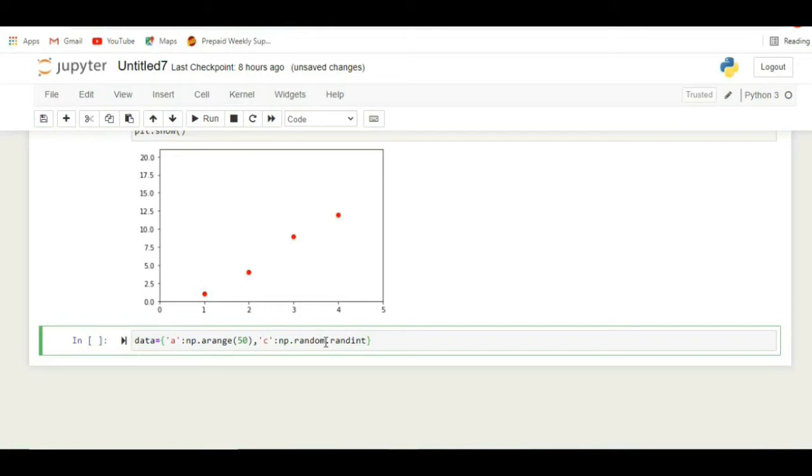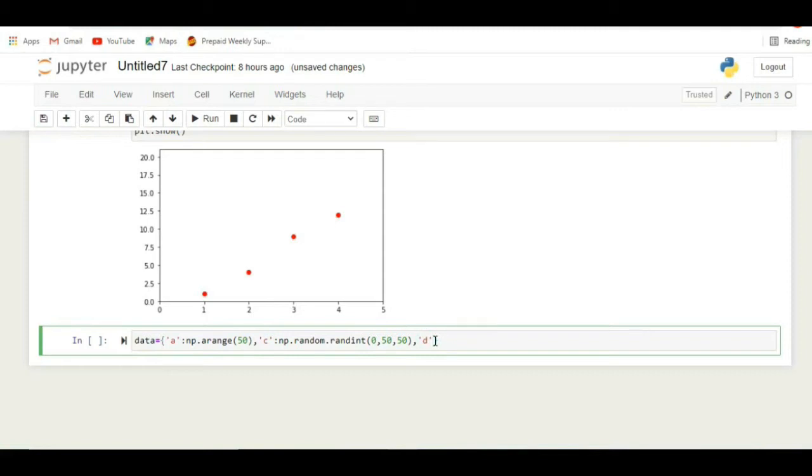randint. Inside the parenthesis you shall write 0, 50, 50, and then you will write over here A, C and D. Yes, D will be written inside, but remember, before D we shall insert a comma, otherwise this code will not work again.